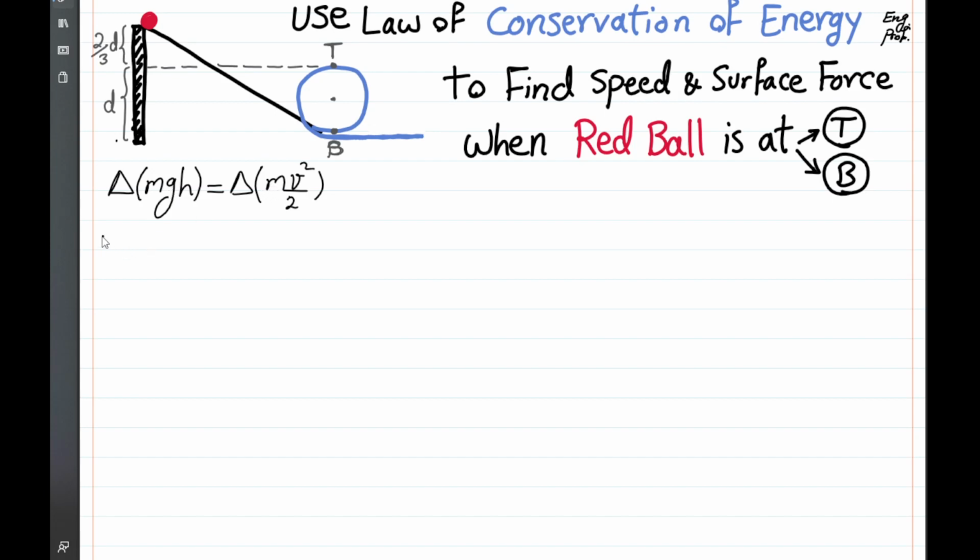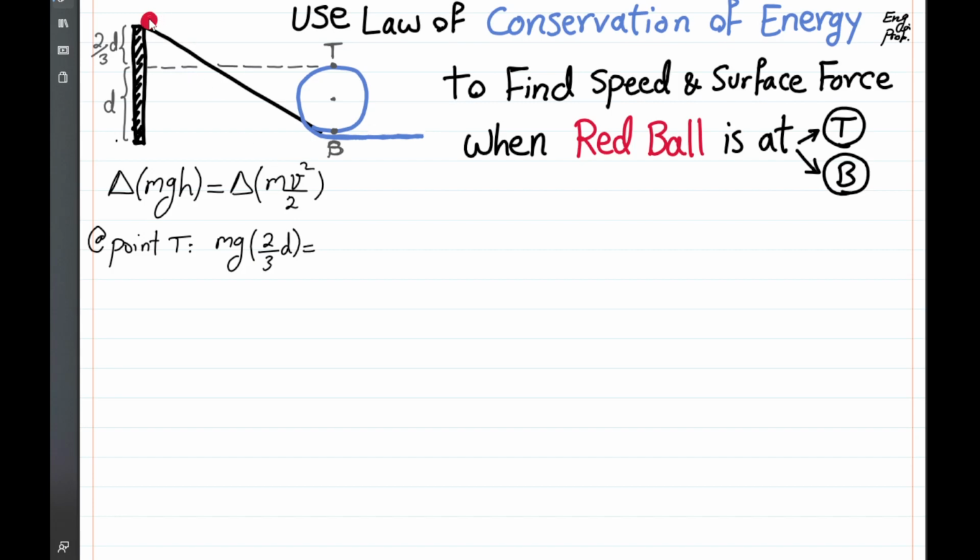So basically at point top or T, delta mgh is equal to mg times delta h, which is the drop of 2/3 d when the red ball gets to this point. So we have mg times 2/3 d equal to delta m v squared.